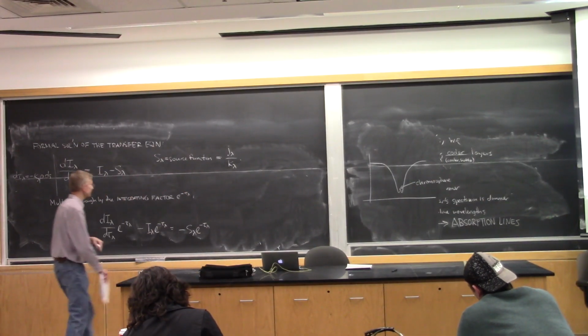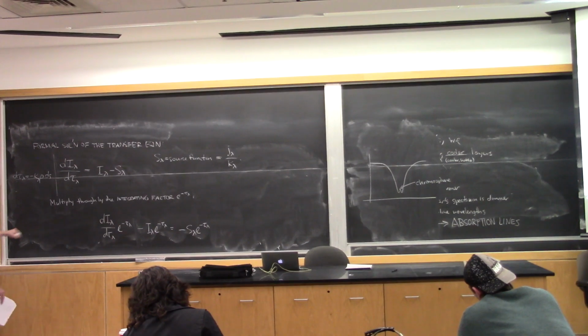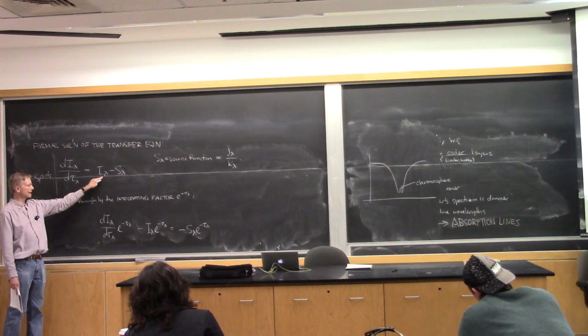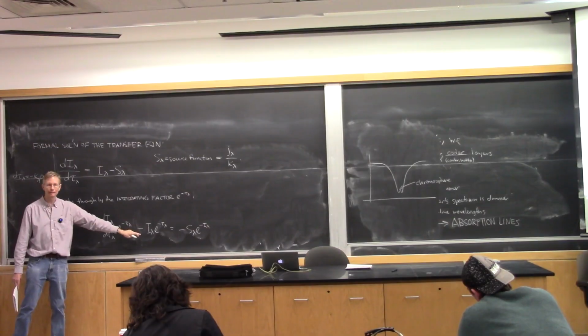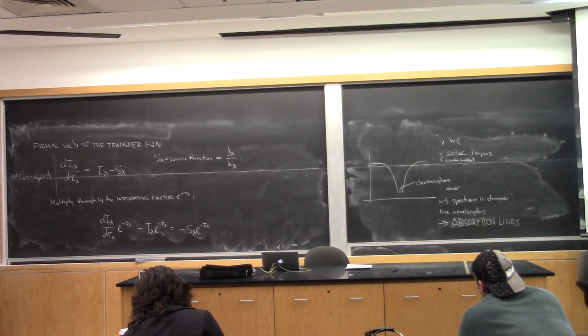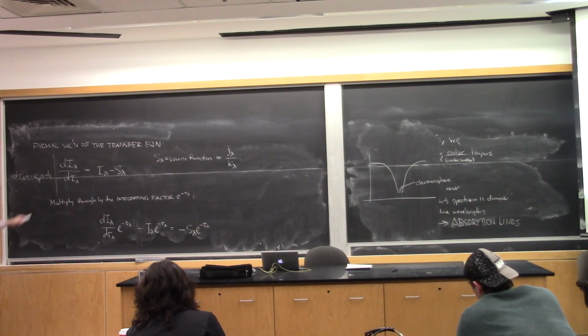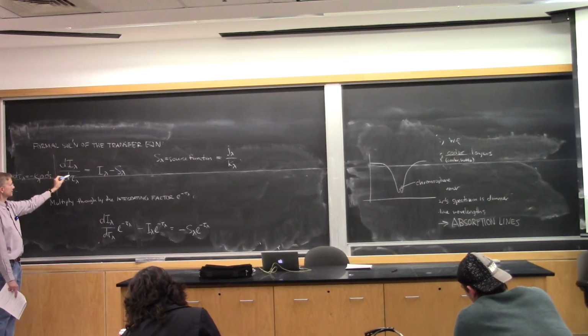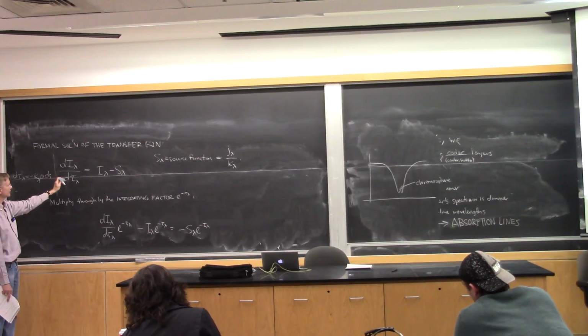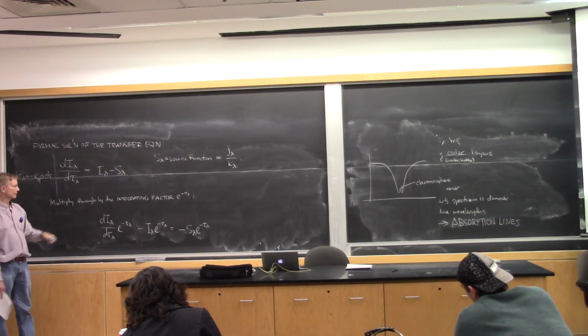So I just multiply through by e to the minus tau lambda and take the I lambda e to the minus tau lambda term over to the other side with a minus sign. That's all I've done: take this equation, multiply by e to the minus tau lambda on both sides, and pull the I lambda term over onto the left.